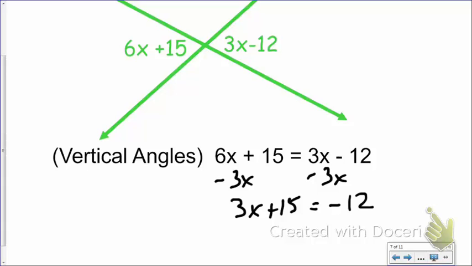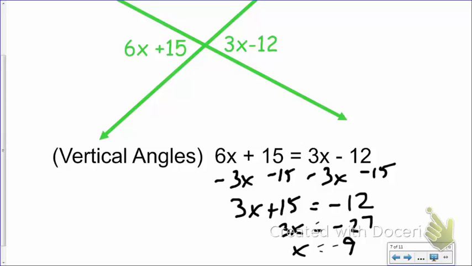Then it's just a simple two-step algebra problem. If I subtract 15 from both sides, I'm going to have 3x equals negative 27. And if I divide by 3, I get x equals negative 9.